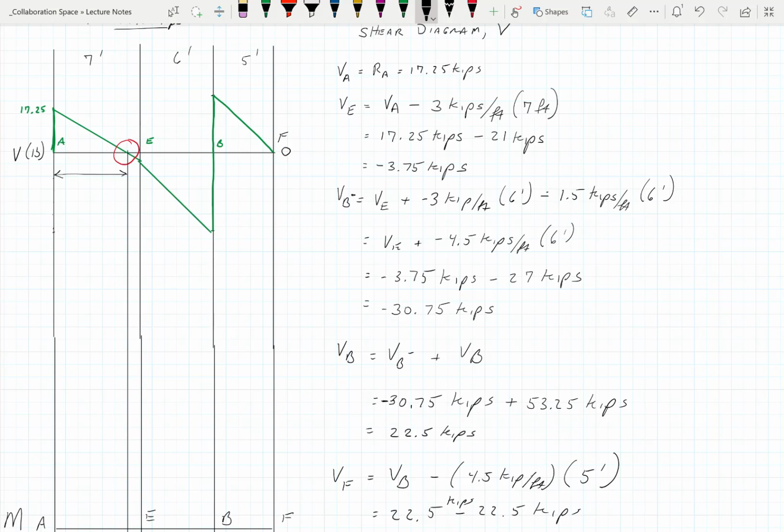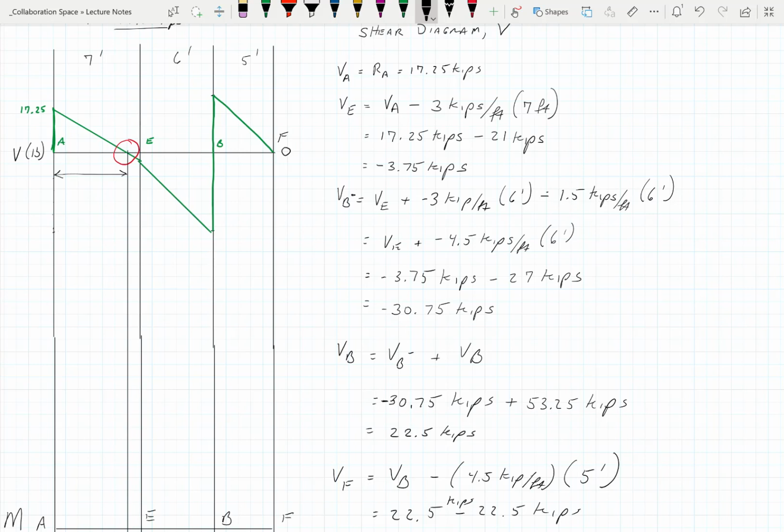So, what do we know mathematically about these problems? Nate, what can you think of that we could possibly have there that's going to make this easier? Somebody said, I think it was Carter, said we know where the 0 shear is.